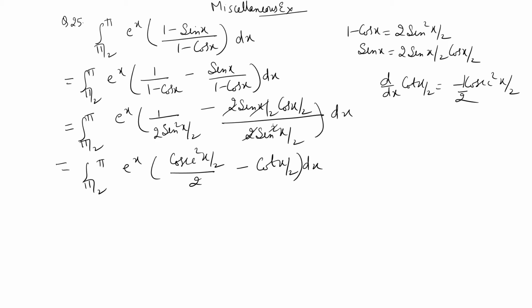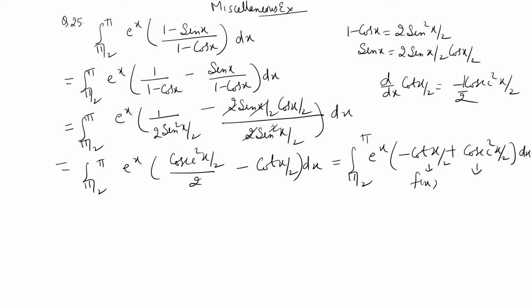Let us arrange it in a proper manner so that I can view the function and its derivative clearly. This is my function and this one is the derivative, 1 by 2 cosecant square x by 2.